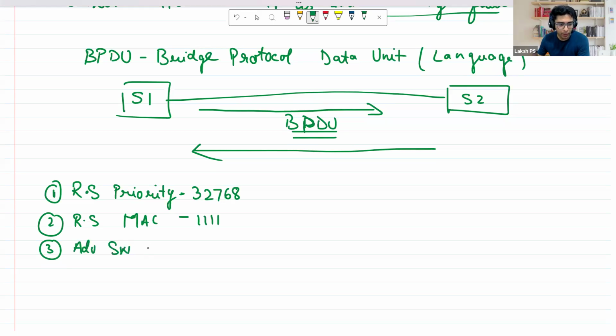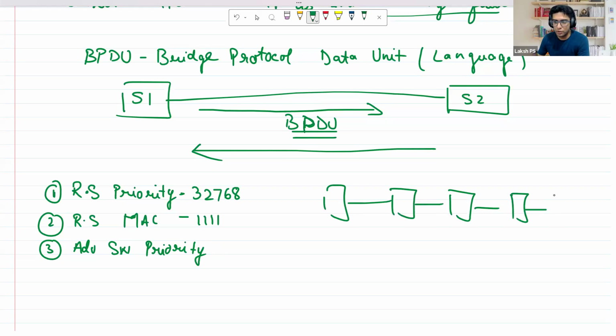switch's priority. Imagine that there are multiple switches connected like this. You have switch number 2 over here, and this is switch number 1. So this BPDU is forwarded between different switches, right?